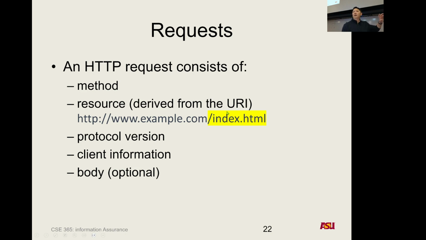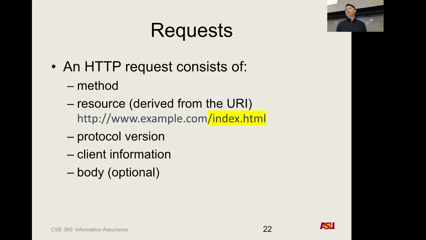A resource is one of the web pages, images, multimedia, or whatever, some script. And we need to specify the version. Why? Because the partner can understand and interpret this version of the protocol.